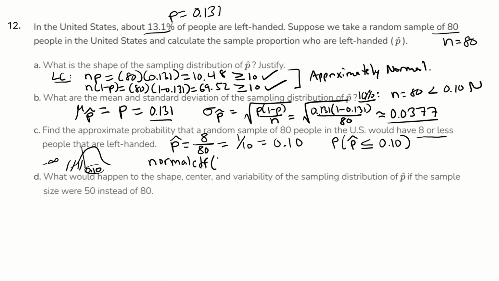So our lower is -10 to the 9th. Our upper is 0.10. Our mean is 0.131.